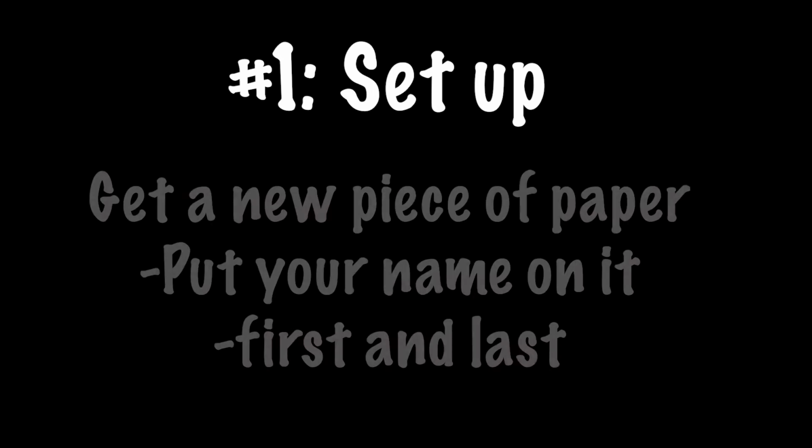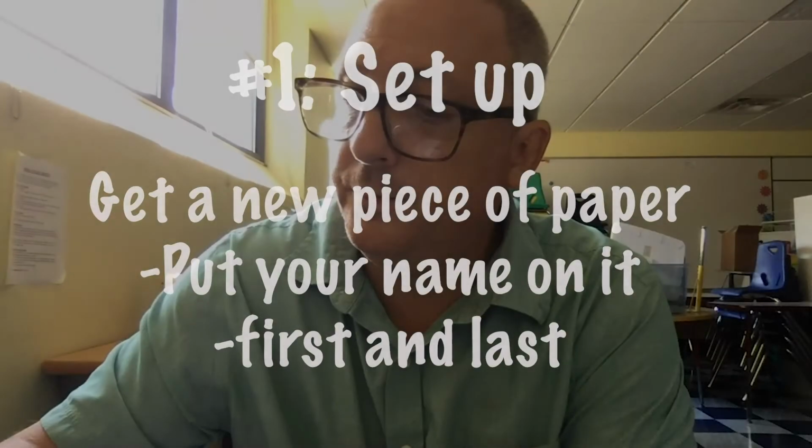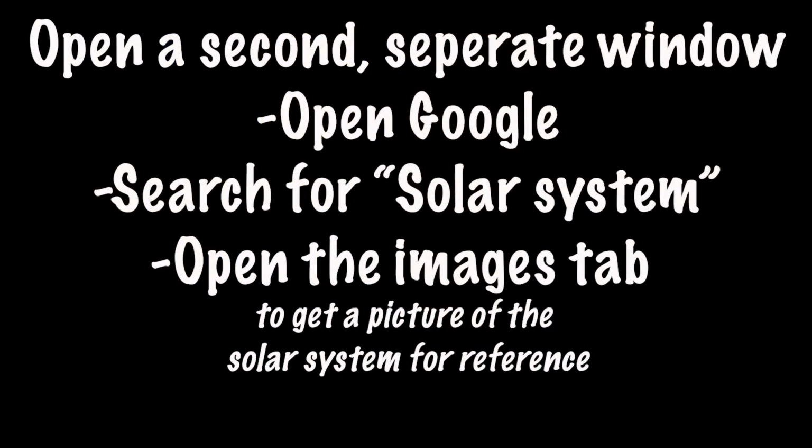That's 4 things. Number 1, let's get ourselves set up. So you take your blank sheet of paper. It could be anything, whatever it is you have. Put your name on it, like I did. Now, open a second tab on your computer and find Google.